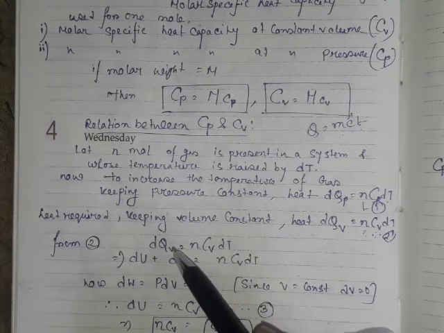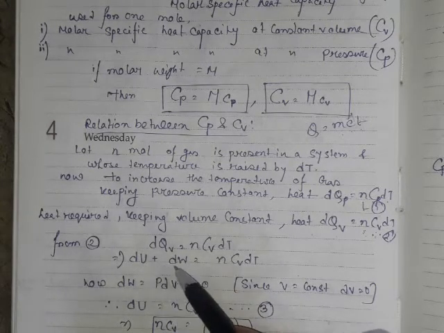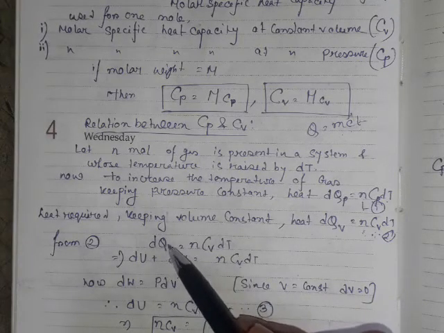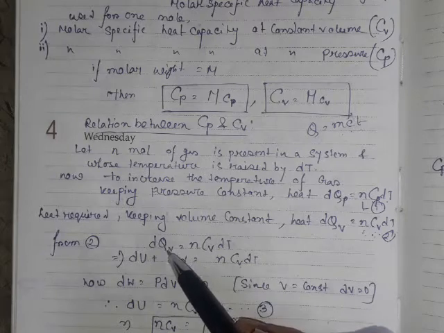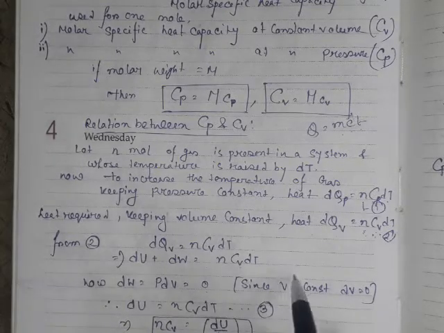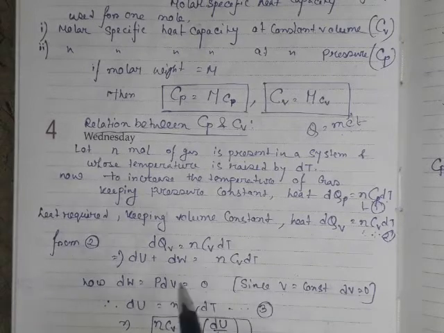Now from the first law we can write dQv is dU plus dW equals n Cv dT. If you keep the volume constant, the work done dW equals PdV will be 0, because your volume is constant, that means the change in volume dV is 0, that's why PdV, the work done, is 0.